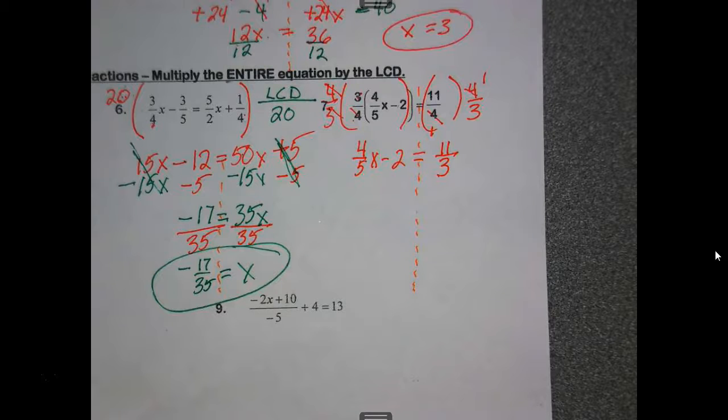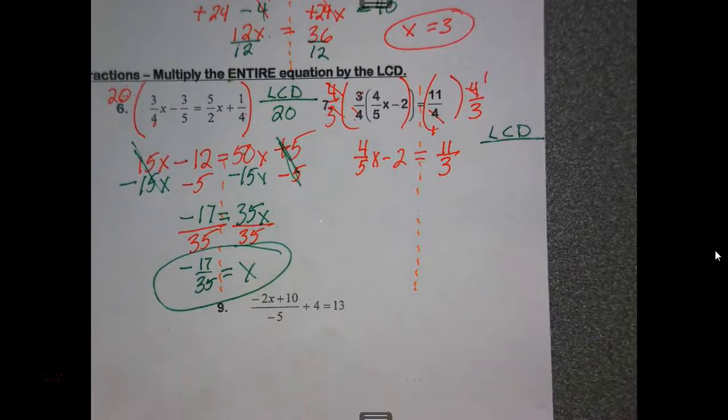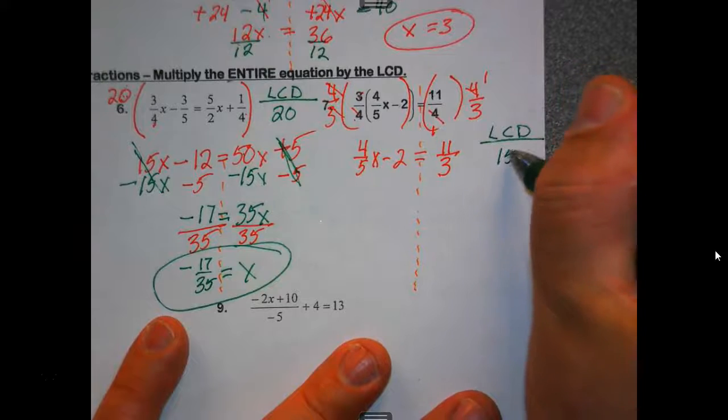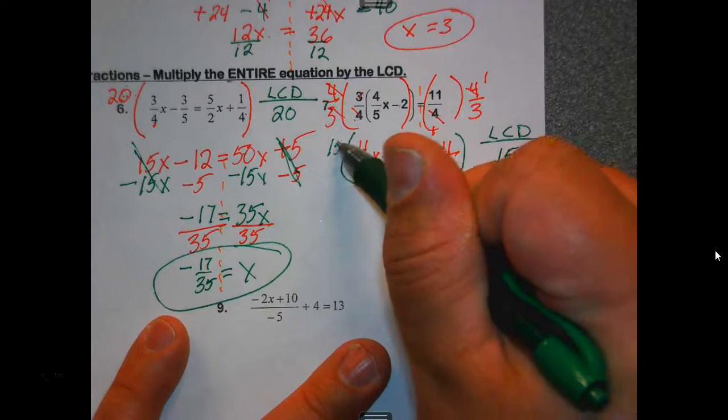Okay, now you could do a couple of different things, or we could find the lowest common denominator now. That's what we're supposed to do because we're trying to get you to learn this concept of lowest common denominator. What is my lowest common denominator? 15. So I'm going to multiply the entire equation by 15.